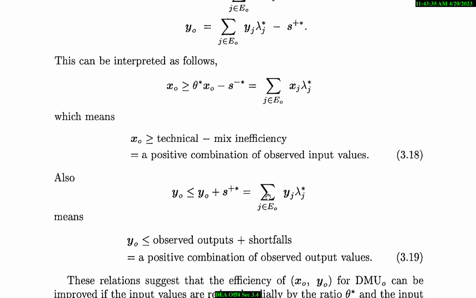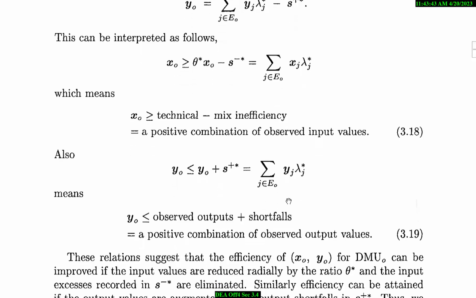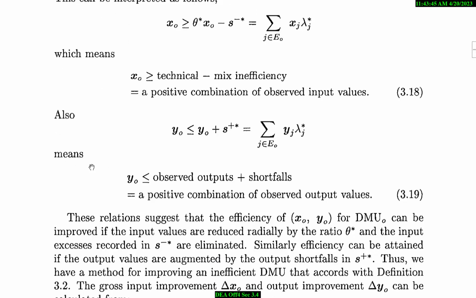This is equal to this combination of the outputs of the other DMUs. So we have YO is less than or equal to this, where this is observed outputs and this is shortfalls. Again, it is a positive combination of observed output values.